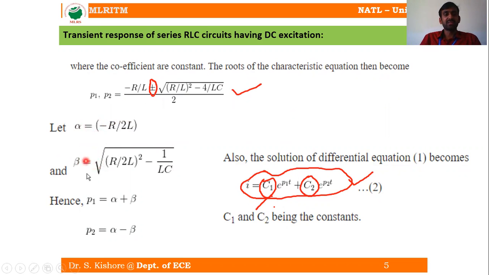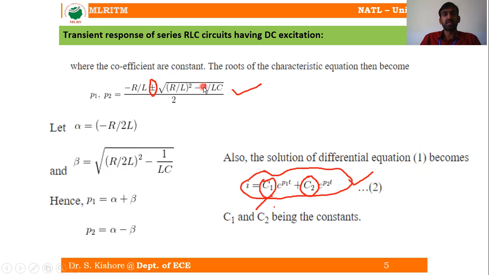And the beta as, inside the root, root over R by 2L whole square. If we consider it as a 4, 2 square is going to be 4. So that's why R by 2L whole square minus 1 by LC.